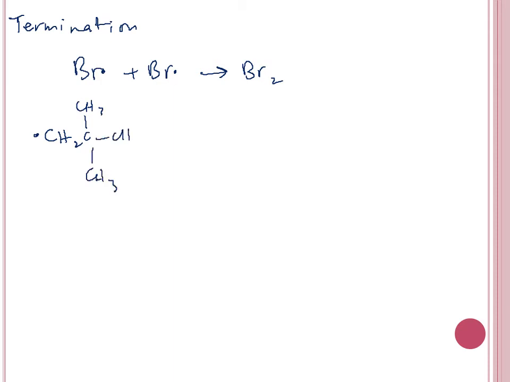Basically, it's not a termination step, it is 3 reactions. So Br dot will react with Br dot to become Br2, and then the free radical that we have just now, CH2C(CH3)3 plus Br dot.